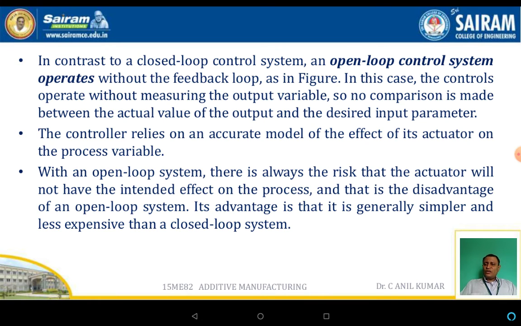The control relies on an accurate model of the effect of the actuator on the process variable. With the open loop system, there is always a risk that the actuator will not have the intended effect on the process. That is the disadvantage of the open loop control system. Its advantage is that it is generally simpler and less expensive than closed loop systems.